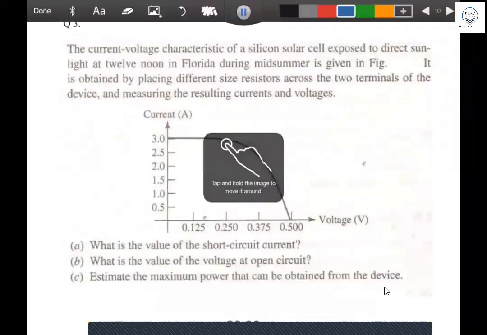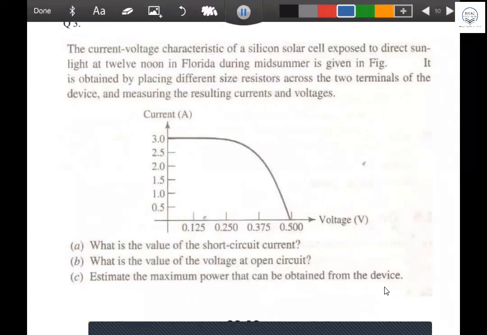This question is very much important. Nowadays people are moving towards solar panels, so you need to understand these things in a little bit of detail. So next class at the beginning I'll talk about it, and after that we'll jump to the next slide.